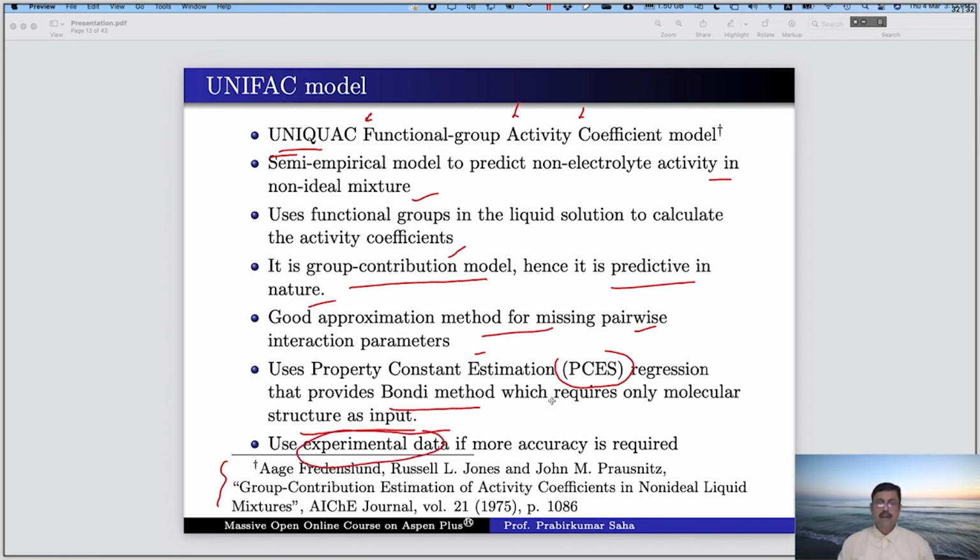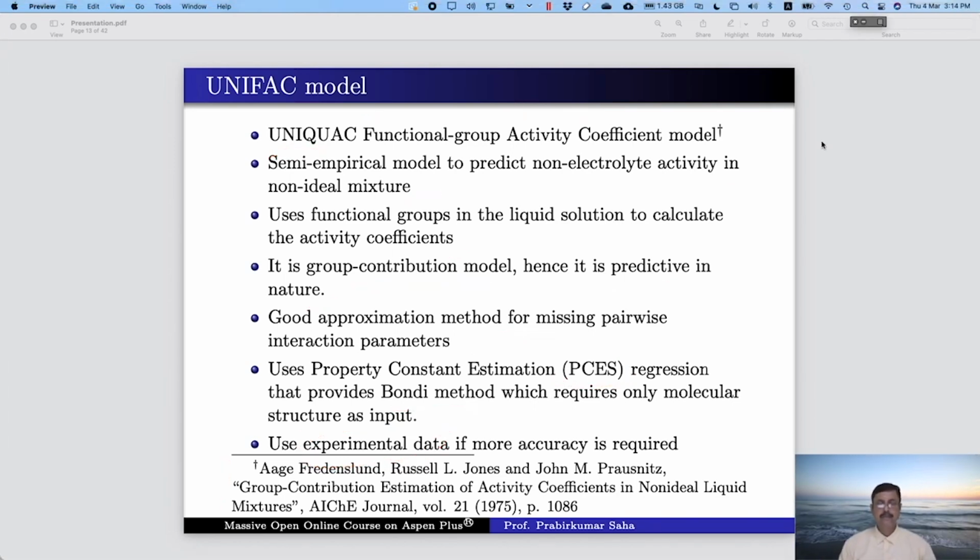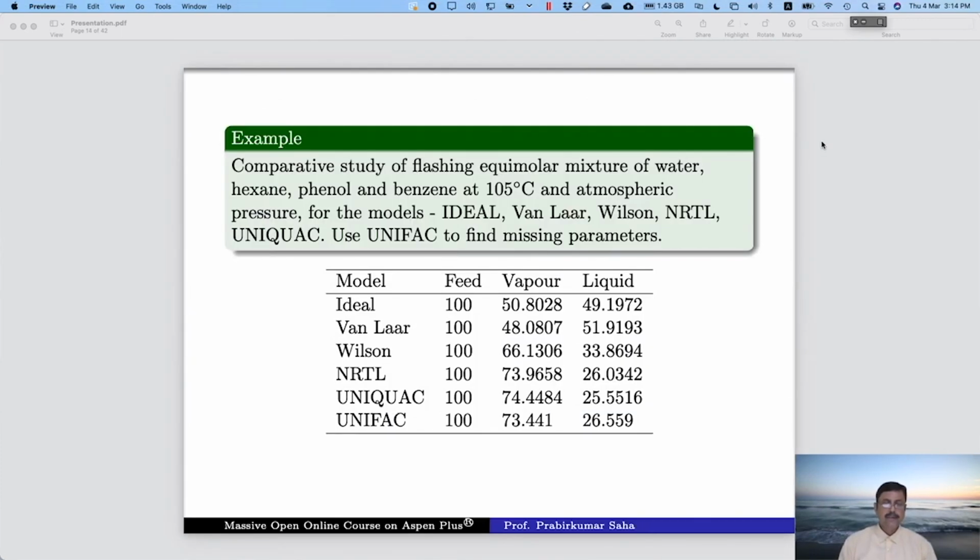We shall learn it better by using an example. So this is the example. It says, comparative study of flashing equimolar mixture of water, hexane, phenol and benzene at 105 degrees centigrade and atmospheric pressure for the models ideal, Van Laar, Wilson, inertial, Uniquark, and use UNIFAC to find the missing parameters.